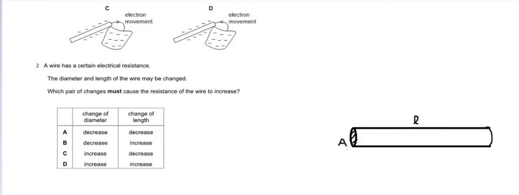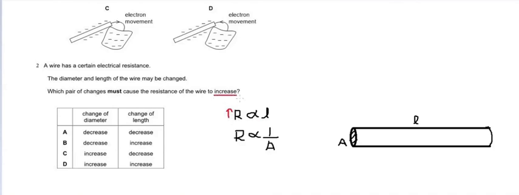So what relation had we seen? The resistance of the rod is directly proportional to the length of the rod, and it was inversely proportional to the cross-sectional area of the rod or any wire. So it is inverse proportionality. In our question we want an increase in the resistance.